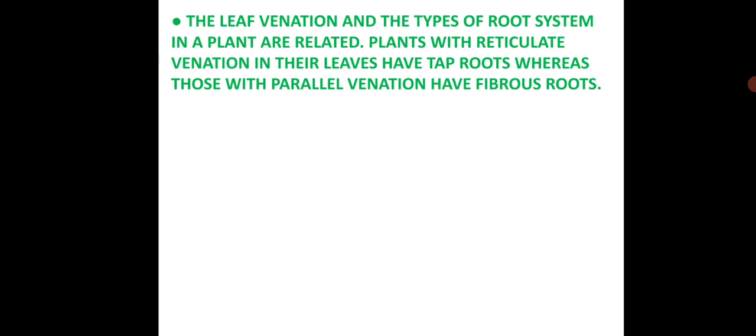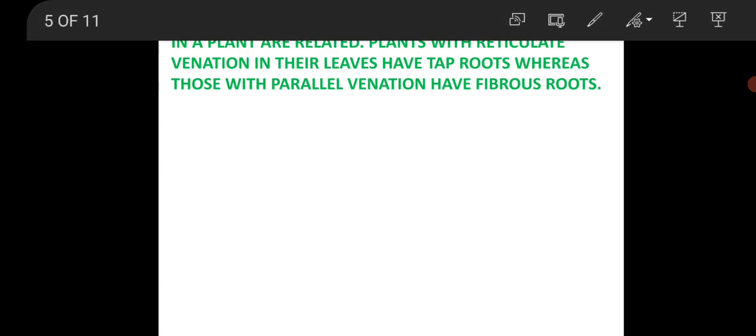It is possible to tell what type of roots the plants have by looking at its venation. The leaf venation and the types of root system in a plant are related. Plants with reticulate venation in their leaves have taproots, whereas those with parallel venation have fibrous roots.